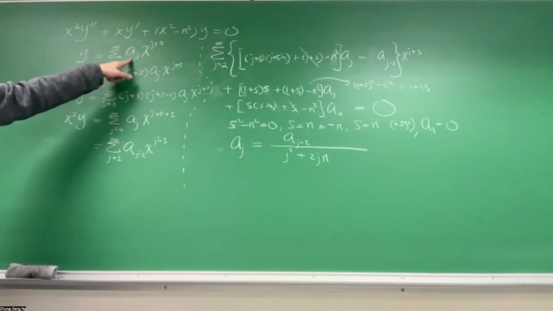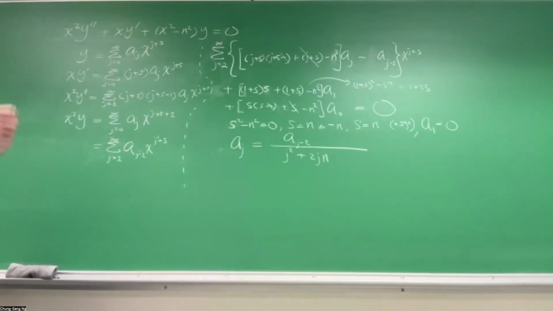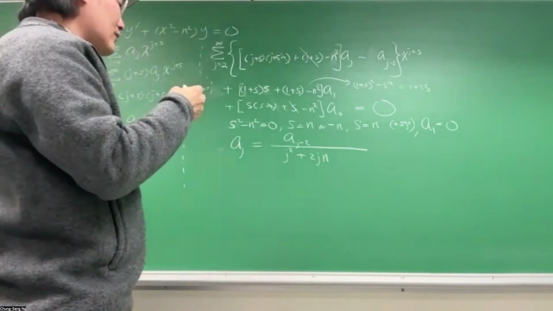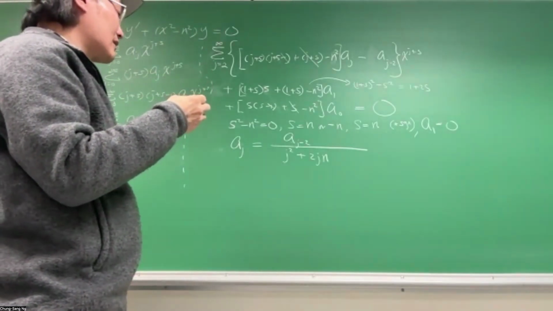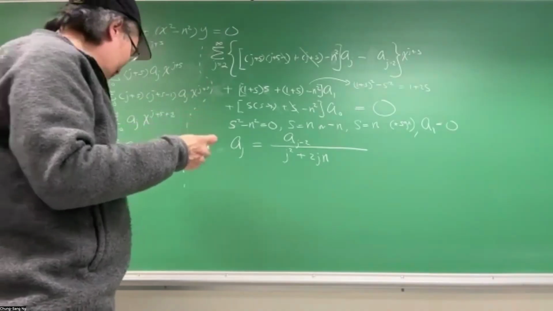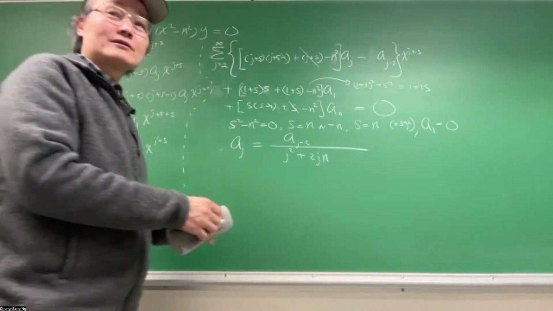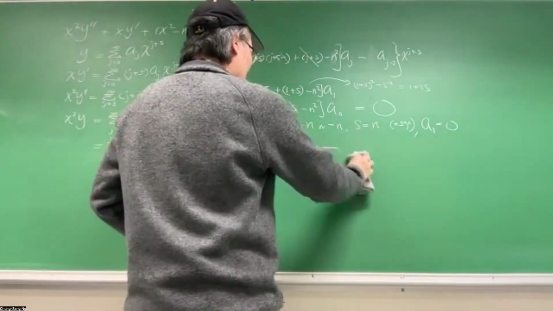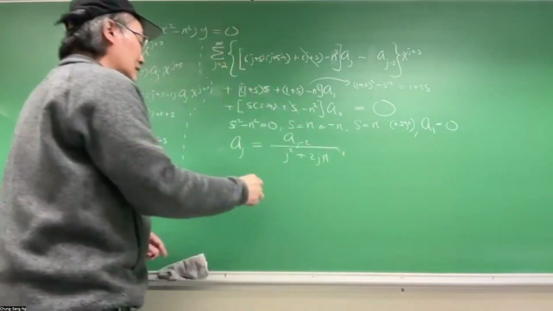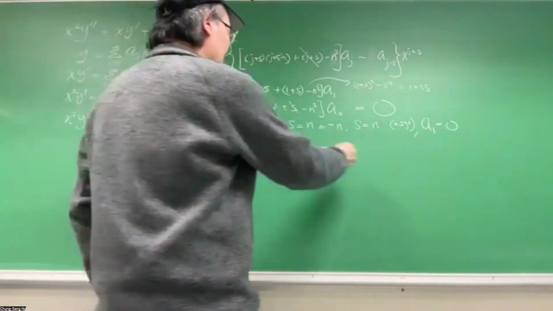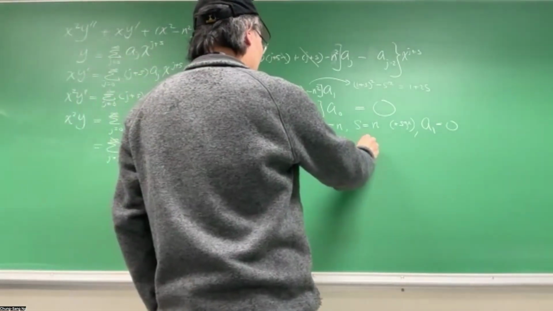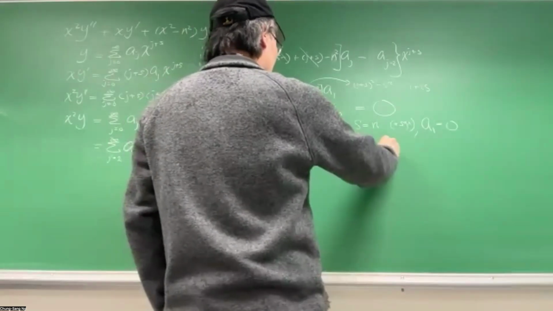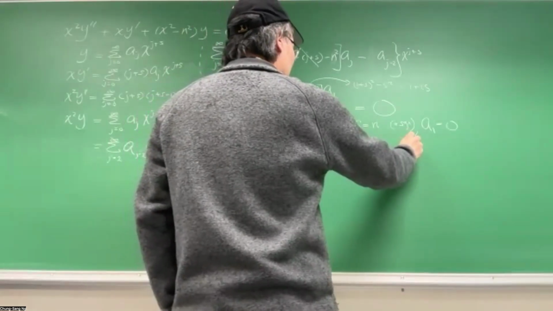Just like what we did last time, we can try a few terms and see if we can recognize the pattern. Let's give some more space and see what we have. The a sub 0 obviously is just trivial. So a2 is a sub 0.